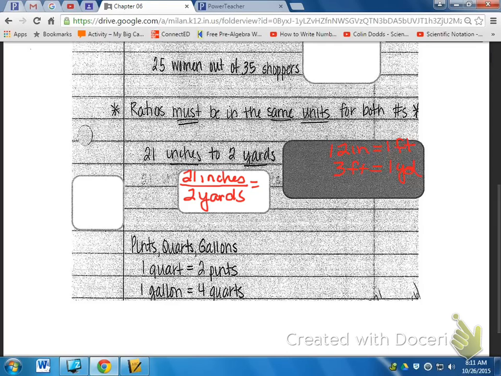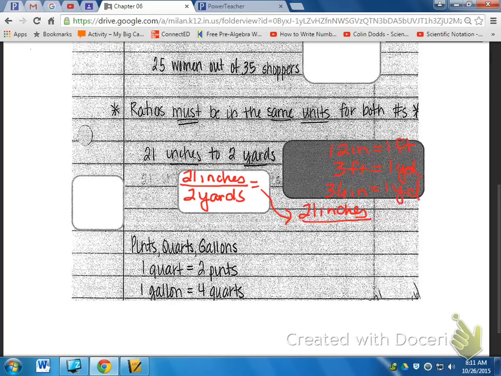So if there's 12 inches in 1 foot, how many inches would be in 3 of those feet? 36. So then what really comes out of that is there are 36 inches in 1 yard. Okay, so Trayton, we got 21 inches over 2 yards. So I'm going to come down here. I'm going to put 21 inches.